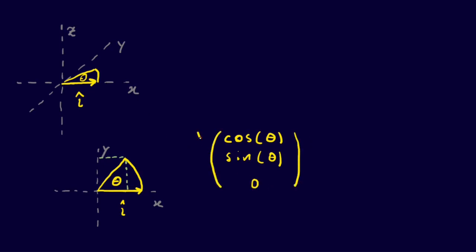So what this really is, is the result of rotating i hat by an angle of theta around the z-axis. Let me denote that by R sub z of theta applied to i hat. Now what we'd like to do next is apply our rotation around the x-axis by an angle of phi.